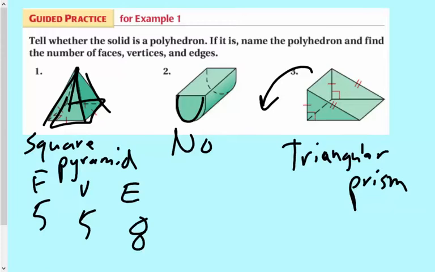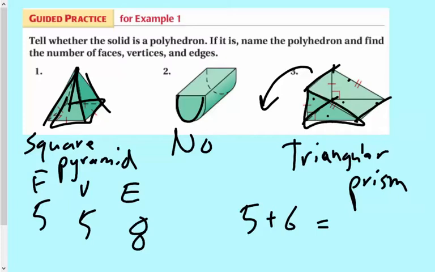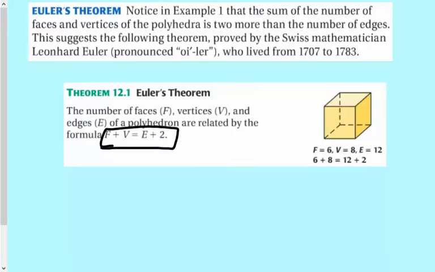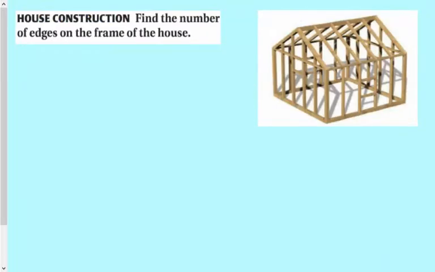And then faces is 1, 2, 3, 4, 5 plus vertices 1, 2, 3, 4, 5, 6 equals edges 1, 2, 3, 4, 5, 6, 7, 8, 9. Check the formula. 5 plus 6 equals 9 plus 2. It works out. So it's a way for you to verify if you've done all the counting correctly.